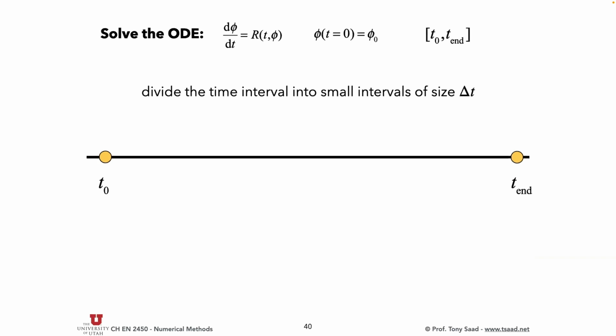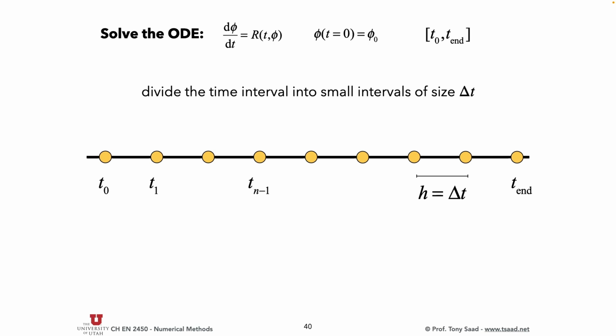So what we're going to do is divide that time interval from T0 to Tn into smaller intervals, like we did with the heat transfer problem. But now we're doing it in time. We can assume that the spacing between the two points is fixed, some time step we call delta t.